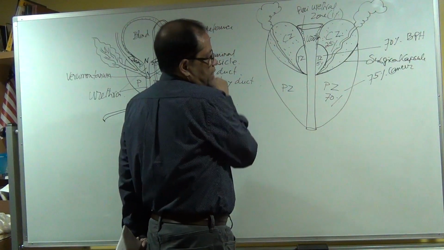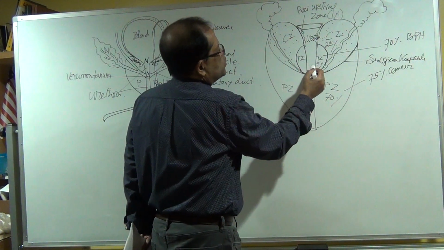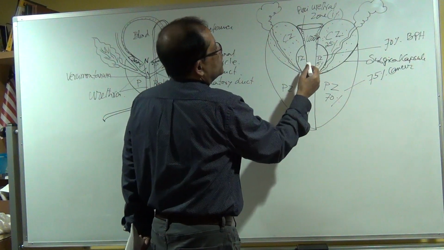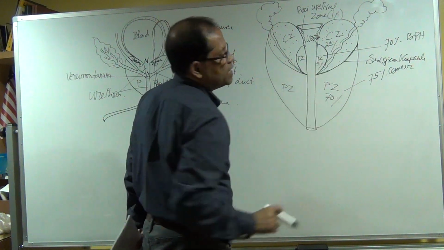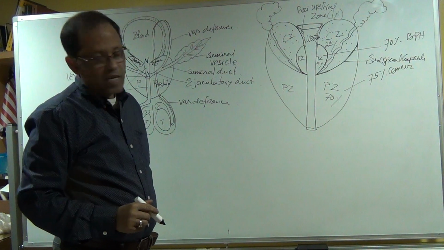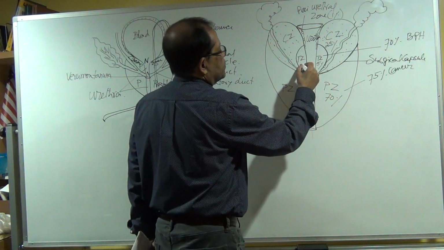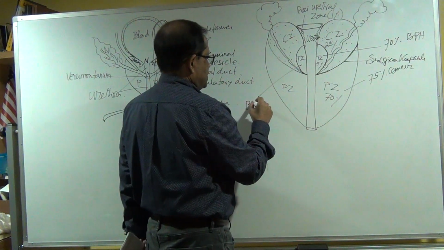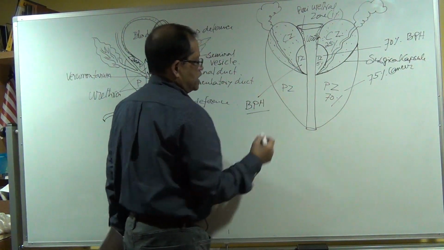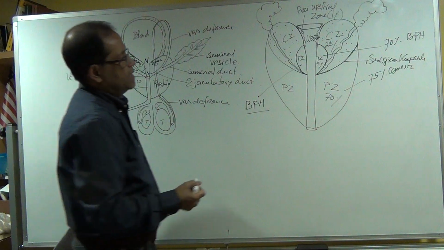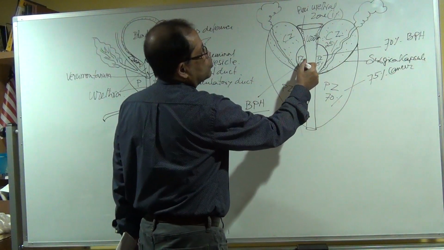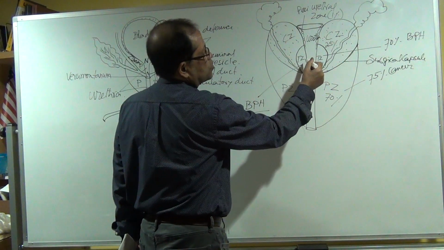Now give me the idea. Transitional zone is the closest to the urethra, right? And the BPH, benign prostatic hyperplasia, happens in the transitional zone.